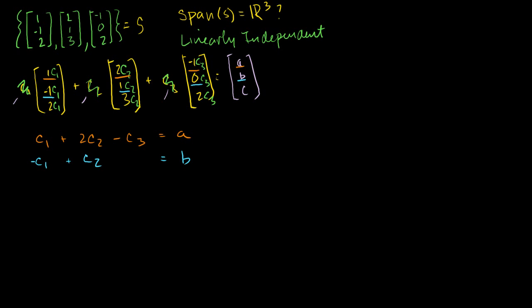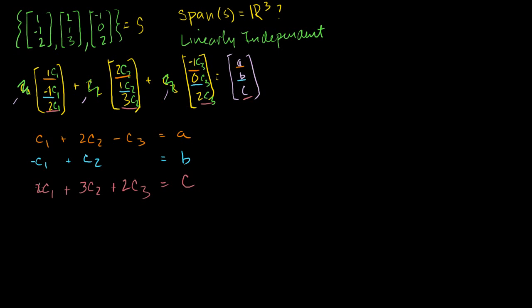And then finally, let's just do that last row. 2c1 plus 3c2 plus 2c3 is going to be equal to c right there.